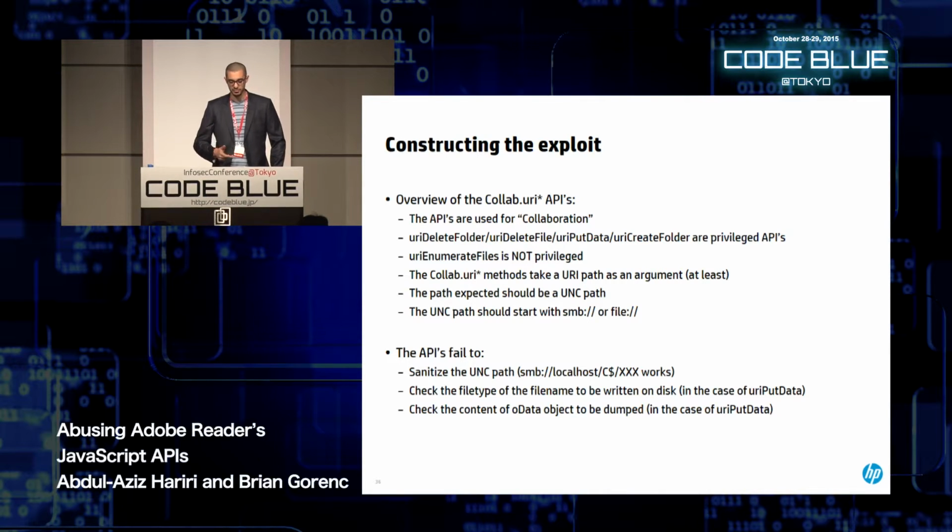You can provide SMB://localhost/C and whatever path you want, and that works quite well. These APIs don't check the file type that you're dumping to. Specifically, URI put data doesn't check the data inside the OData object. So if you want to dump an exe file or a DLL file, it doesn't mind. You can dump whatever data you want, with whatever extension you want.